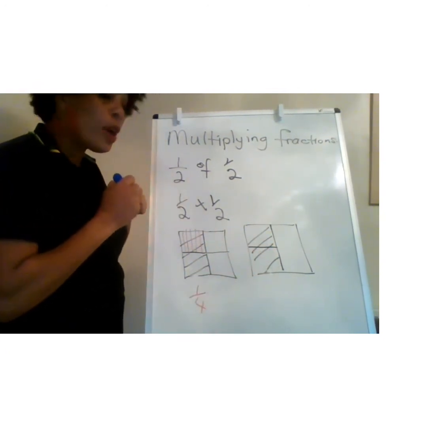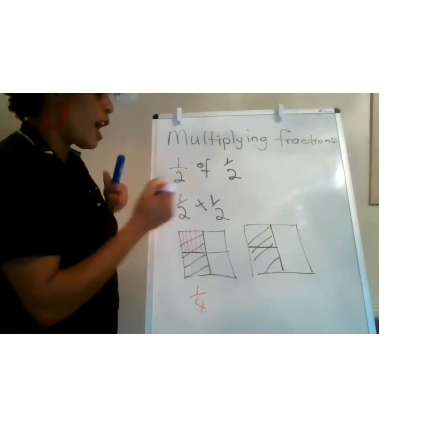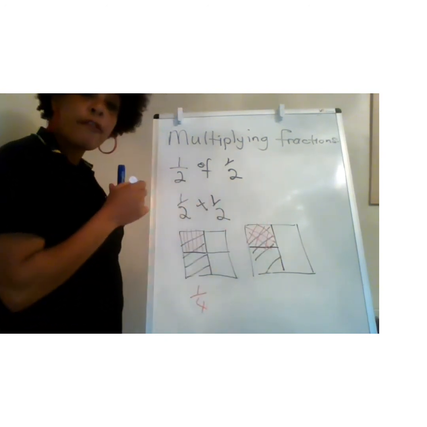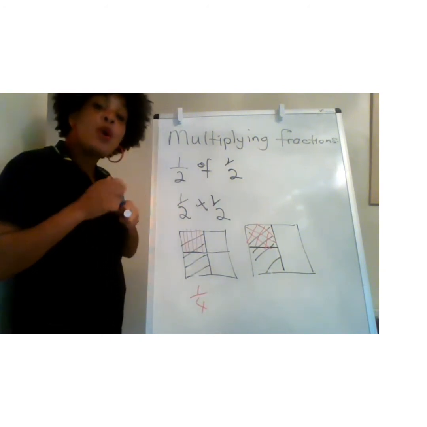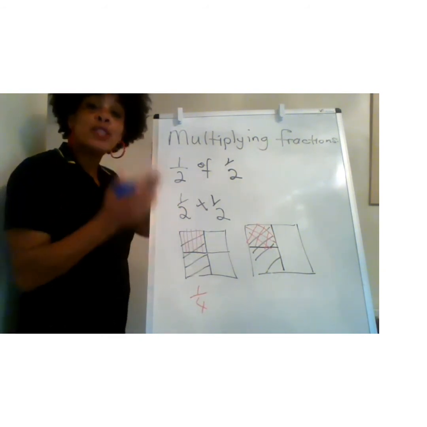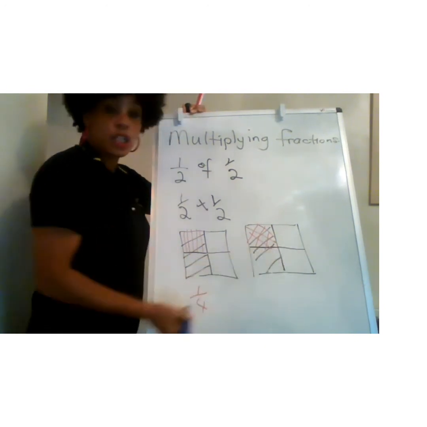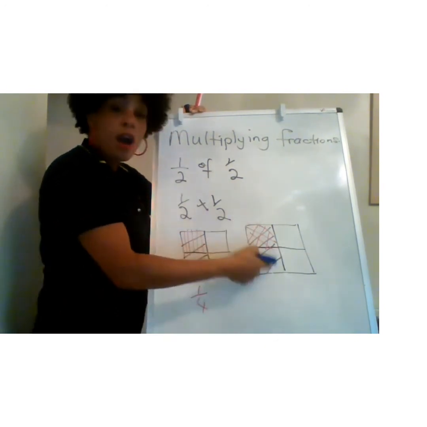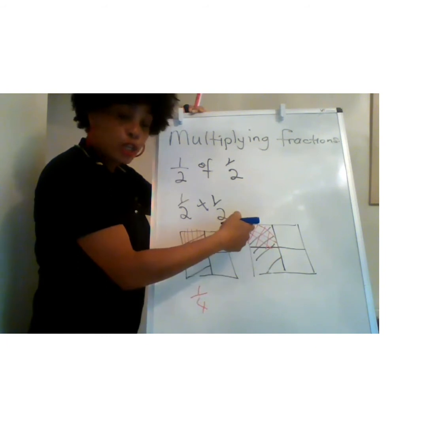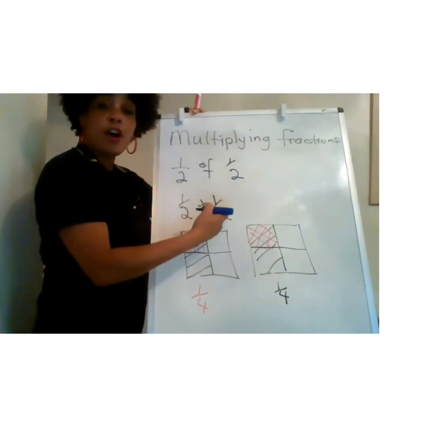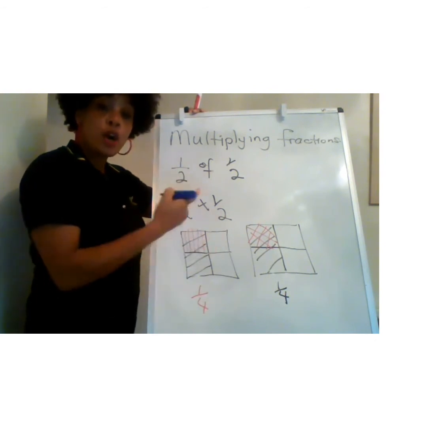Because I only want a half of the half, I'm not going to shade in the half that I don't need. But remember, when we're dealing with fractions, we're also dealing with equal parts. So the whole shape I'm now going to put into equal parts. That half of a half is now turning out to be 1 out of 4. So a half of a half is the same thing as 1 out of 4.